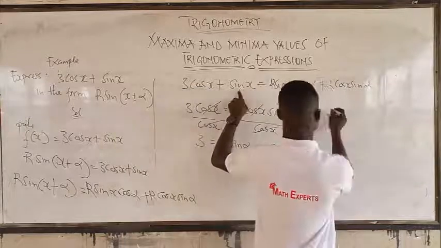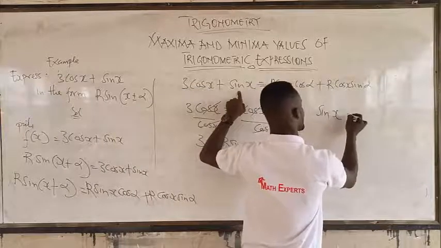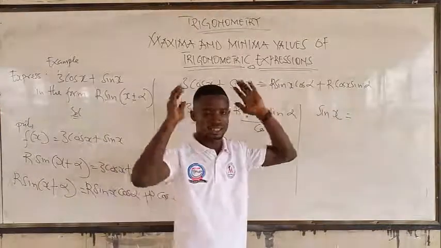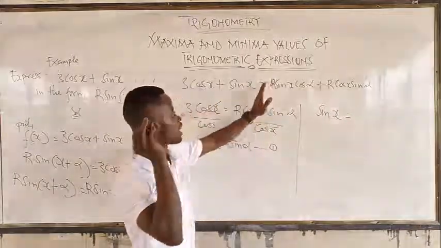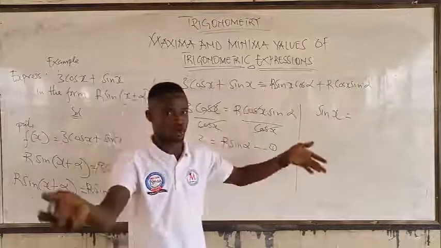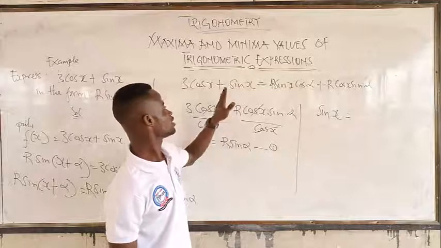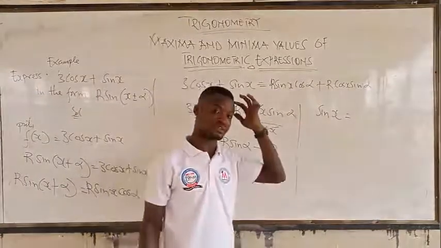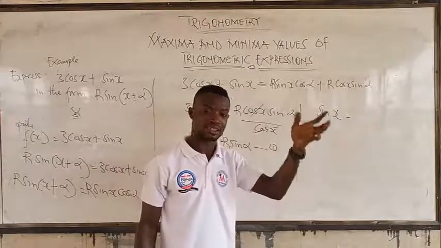Then you go for sine x. You see, since here is plus, here is plus, you need to just free your mind from such, because here is plus, here is plus. So I'm not even thinking of whether it's actually going to be plus or minus.